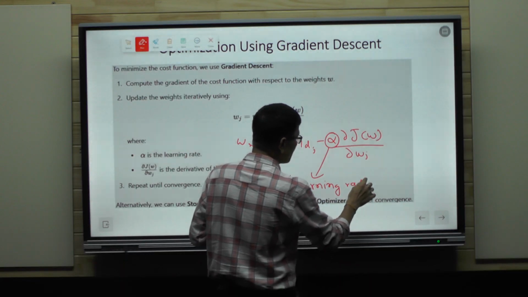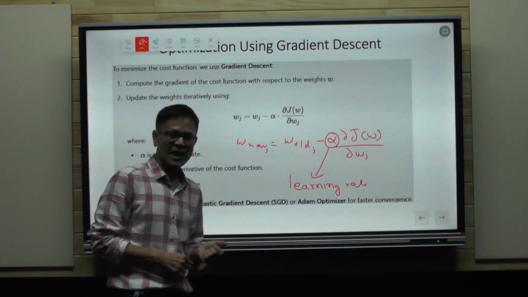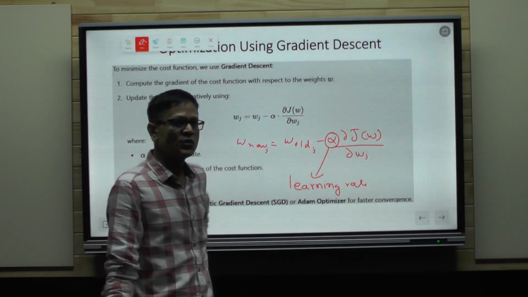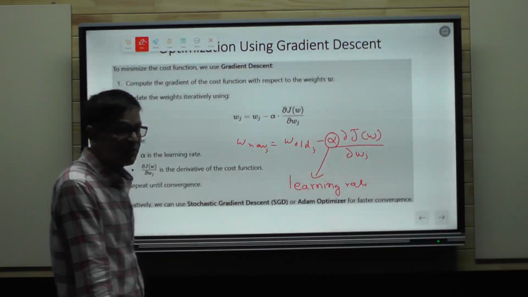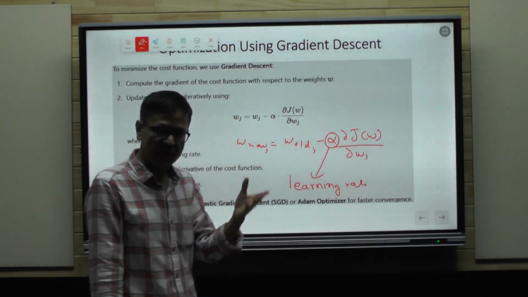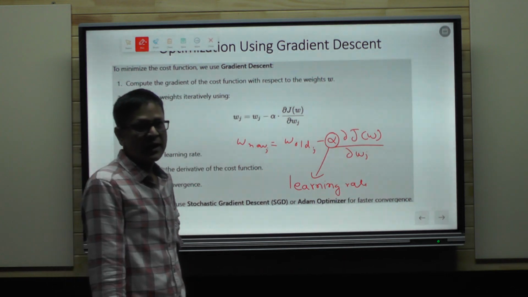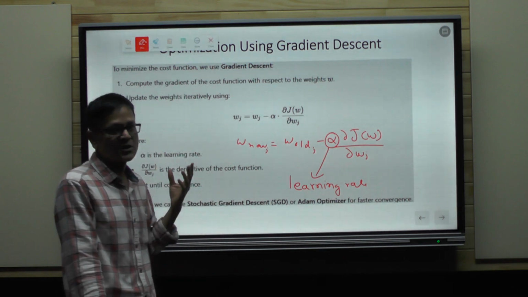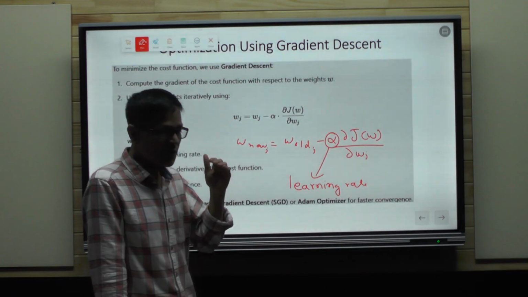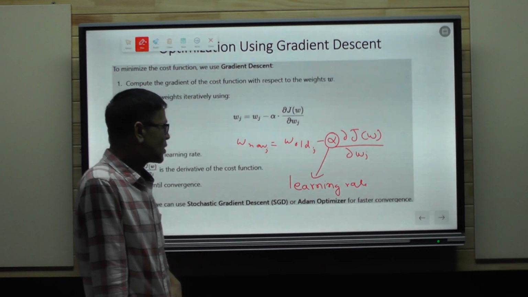The only challenge in gradient descent is how to set the value of alpha. If alpha is too high, then you can prematurely converge. If it is too low, then you get very slow updating of weights, and you will converge at a much later stage. So you need a lot of epochs.